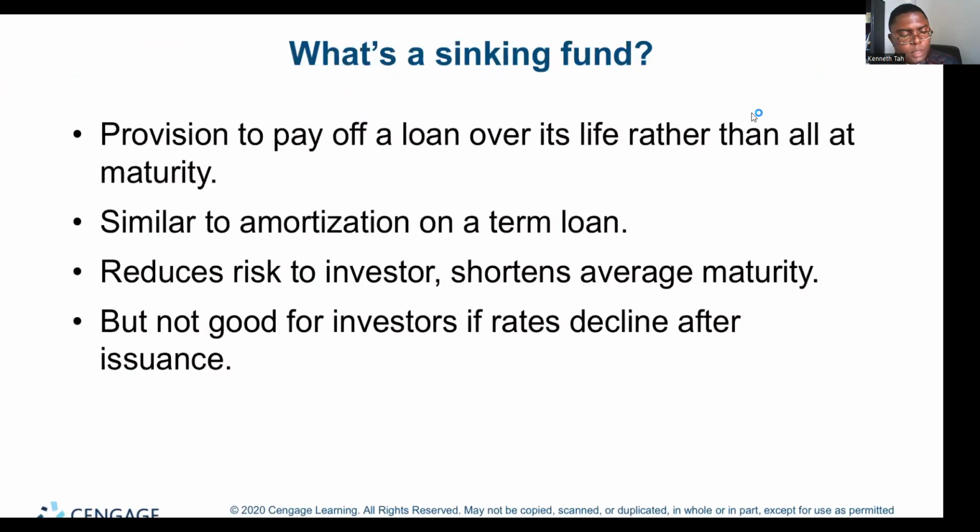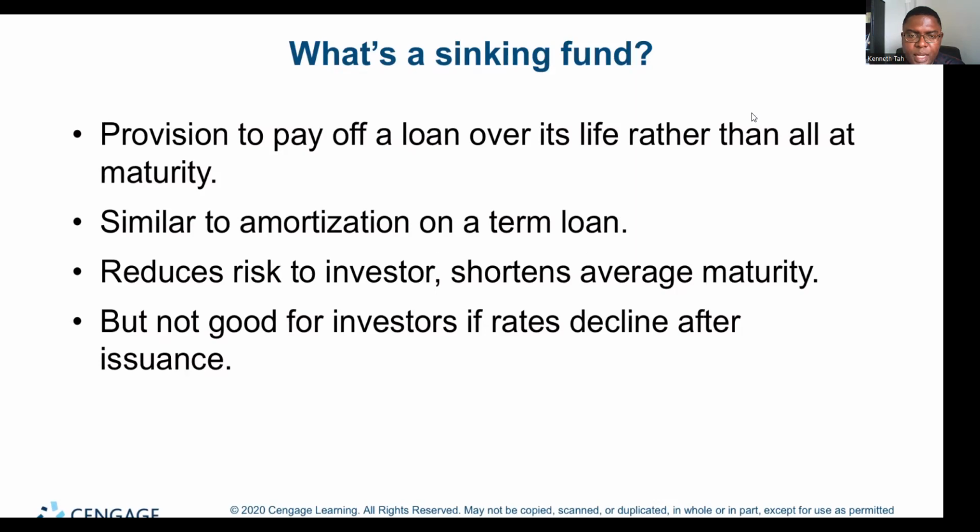We have what we call a sinking fund, which is a provision to pay off a loan over its life rather than at maturity. So a fund is created where excesses can be deposited, and that can be used to take care of the loan principal, making payment possible over a shorter period of time.